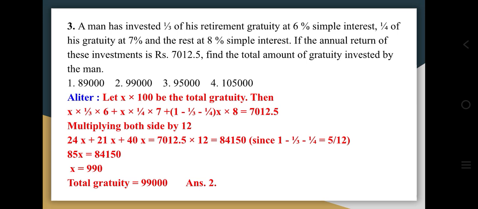So then at 6% rate of interest, what we get? The interest is X into 100 into 1 by 3 into 6 by 100. So that 100 gets cancelled, and we get X into 1 by 3 into 6.